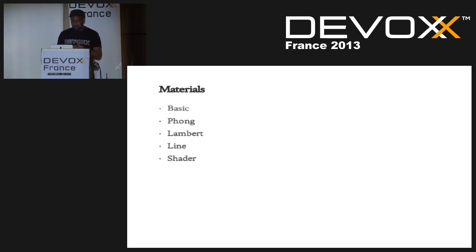We have materials for Phong shading, which interpolates on the vertices and the pixels, I believe. Lambert or diffuse shading. You have line materials, and then you have a shader material to allow you to do more interactive and interesting stuff, and we'll look at that a little bit later.